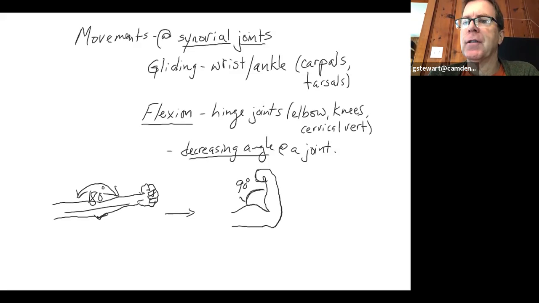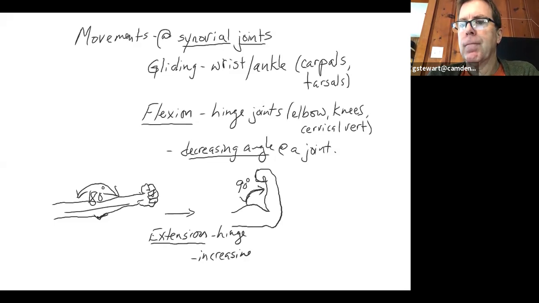So that's flexion. The opposite movement is extension. So these opposing movements, flexion and extension, occur at the same joints. So also at hinge joints, same places, and this is just increasing the angle at a hinge joint. So it's going in the opposite direction, from being flexed to extending to 180 degrees.